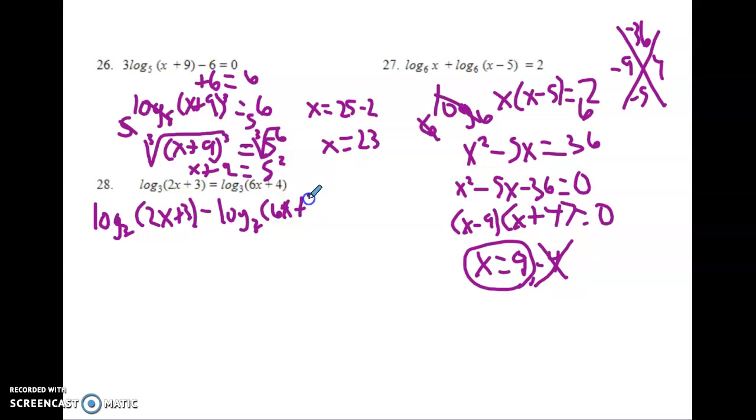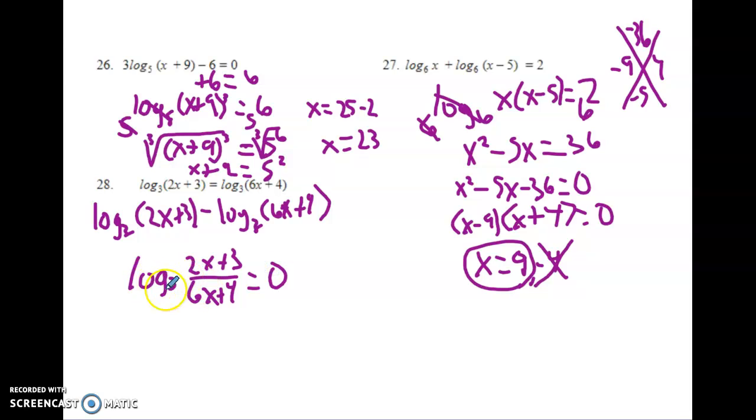Now, because they're being subtracted, I'm going to contract them together. So this is log base 3 of 2x plus 3, all being divided by 6x plus 4. And that whole thing is equal to 0.